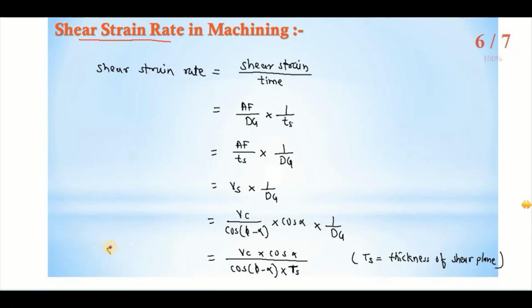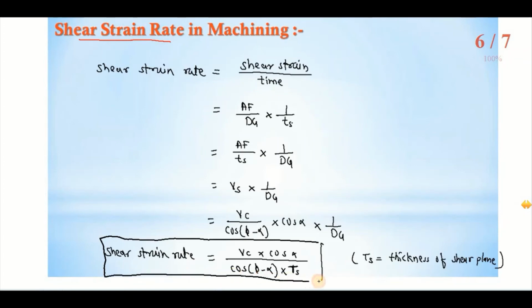So this is the relation for shear strain rate. So we have seen the relation for shear strain and shear strain rate. Both the relations we have seen.